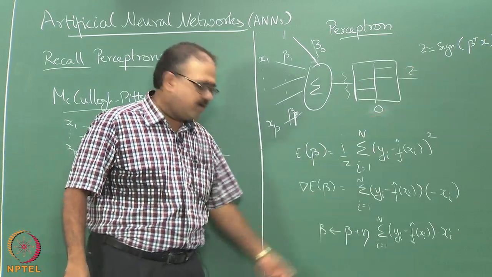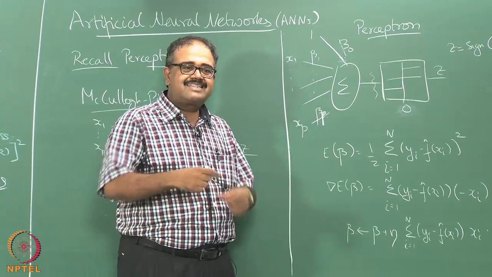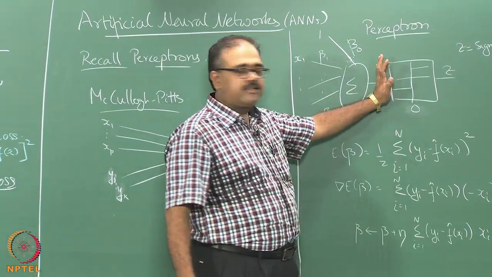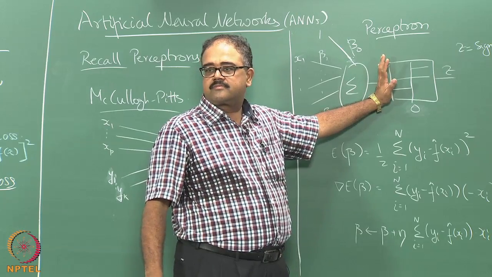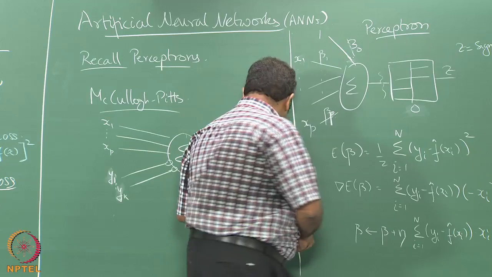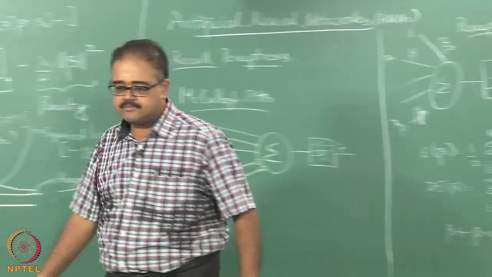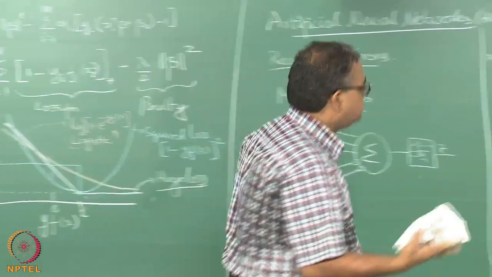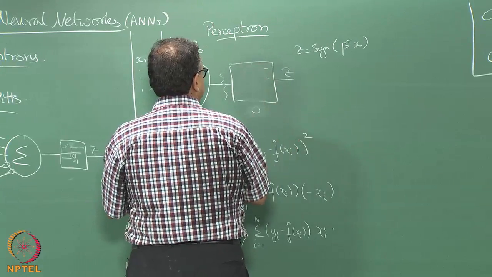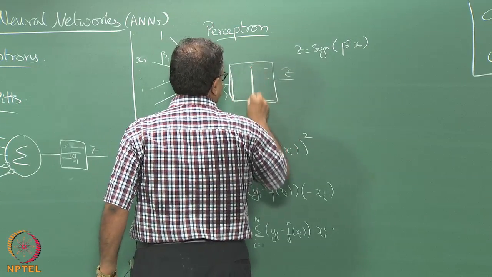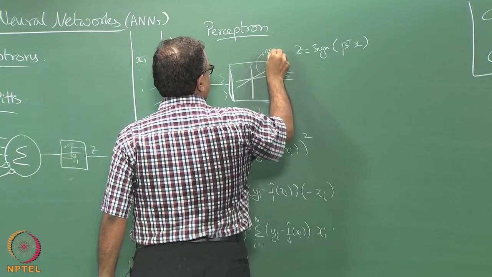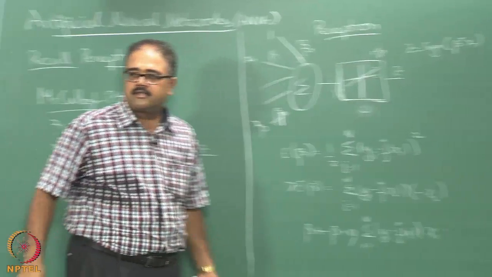So in fact what I have written down here is for a slightly modified model of the neuron where the output is taken at this point. The non-linearity is not there. One way of thinking about this is that the output is like a straight line.